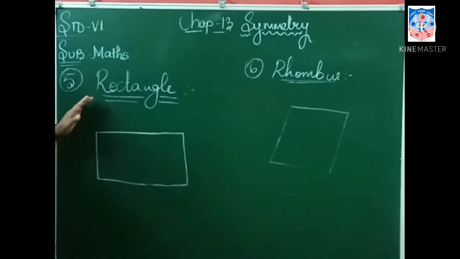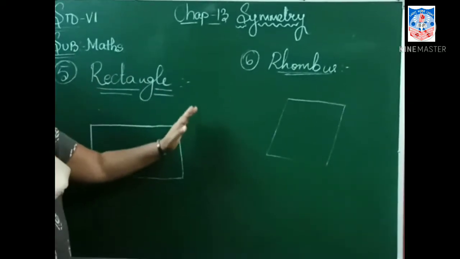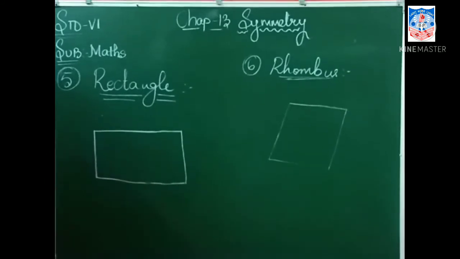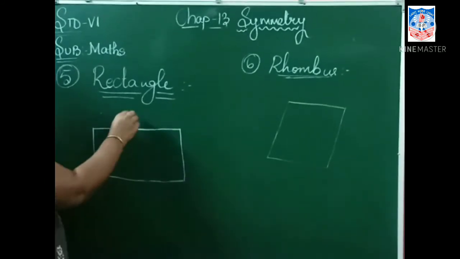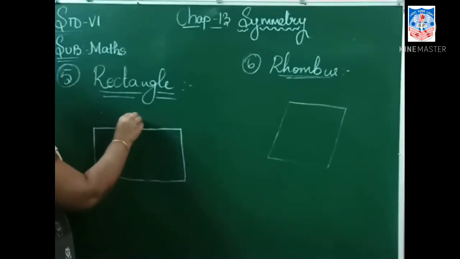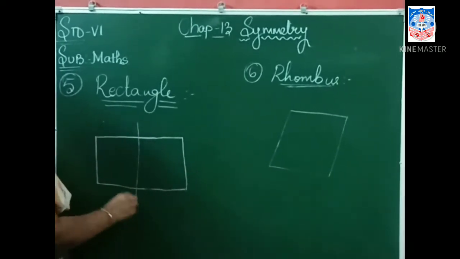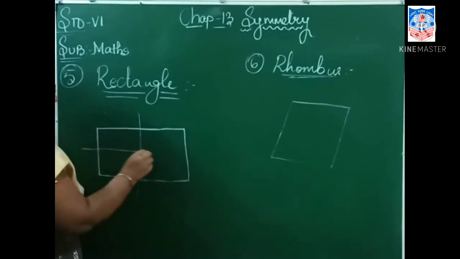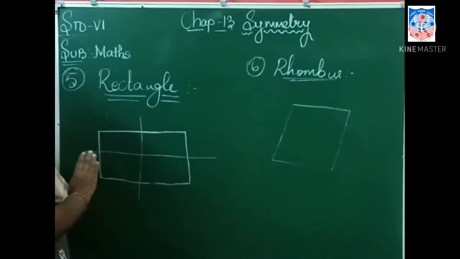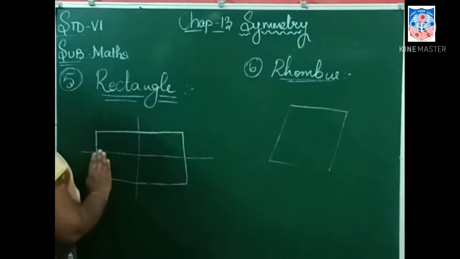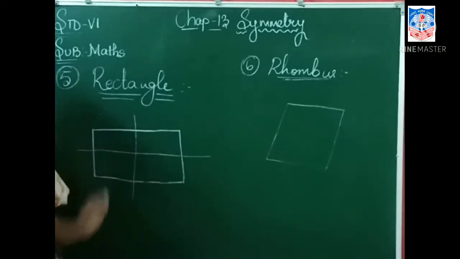Next is rectangle. Can you say how many lines of symmetry are there in a rectangle? We can divide the rectangle in two ways. Now see, like this way and like this way. See, when we overlap these two parts, they are exactly the same.